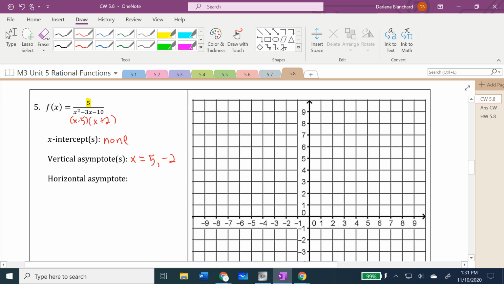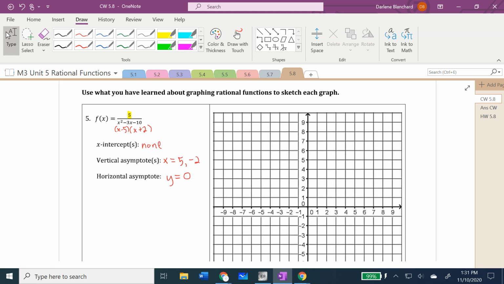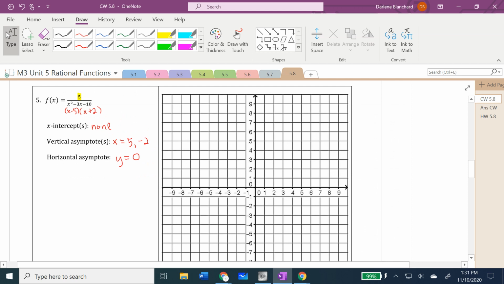For horizontal asymptote, I look at the degrees. What do you know to be the horizontal asymptote? 0. You got it. Because the numerator is less degree than the denominator. So from here, these 3 things you really need to find before you start graphing. Then it's just a matter of how quickly you see things and how particular you want to be also.